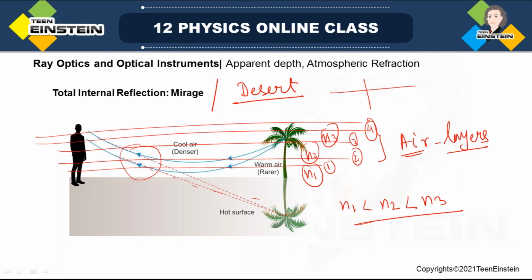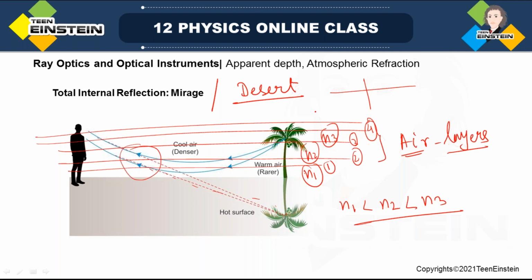So I'll stop it here. Today these are simply phenomena, and you have to read and find out the explanation of how it happens. There are a few more things which we'll discuss on the next day. The most important application of total internal reflection is optical fibers, which I'll discuss in the next class.